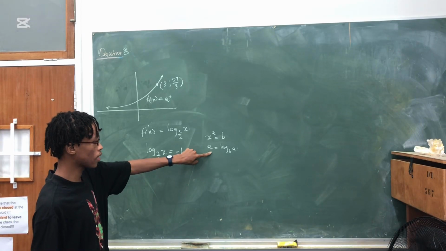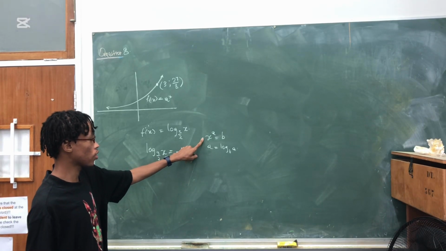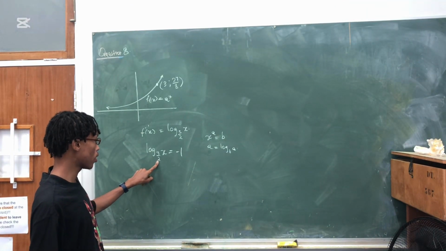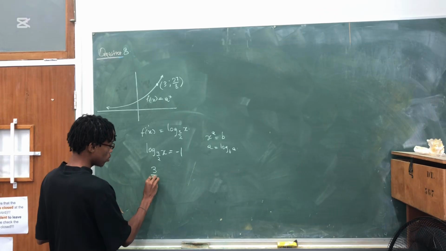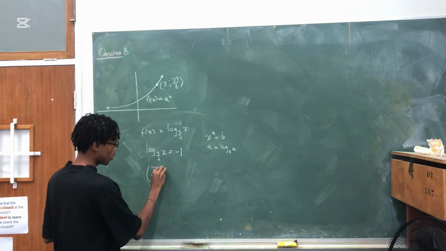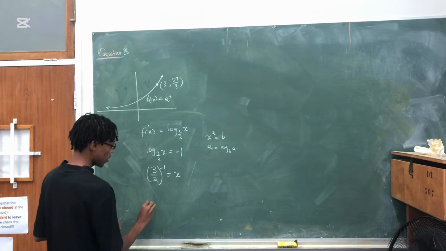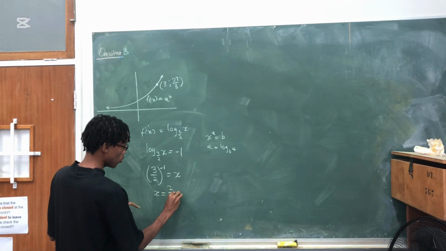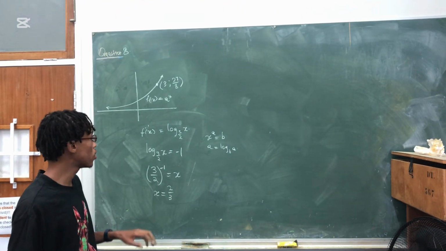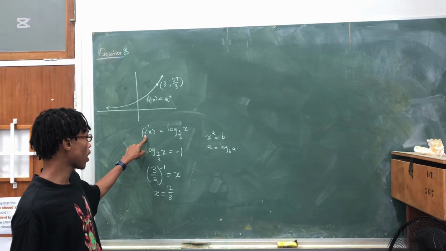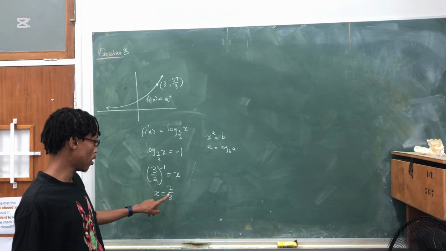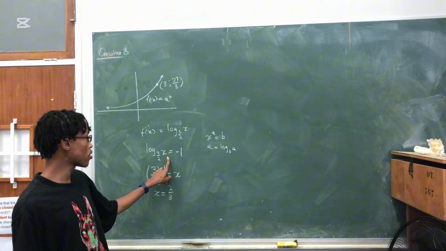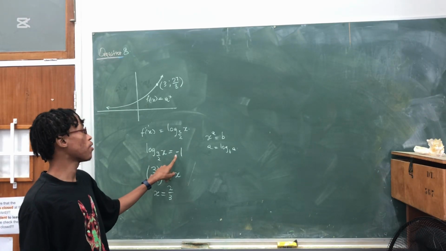If we return from this equation to the exponential equation, our -1 is going to be an exponent, our base 3/2, so 3/2 to the power -1. x is going to be the inverse of 3/2, which is 2/3. So the value of x for which the inverse of x is equal to -1 is 2/3. If you insert the 2/3 in your inverse function, you have to get -1.